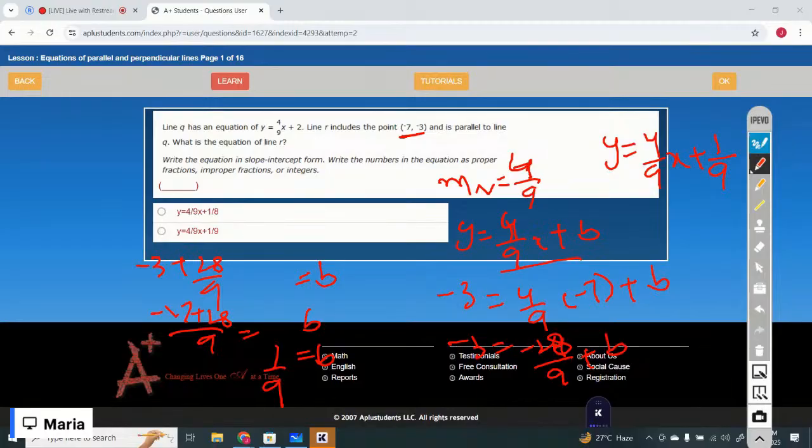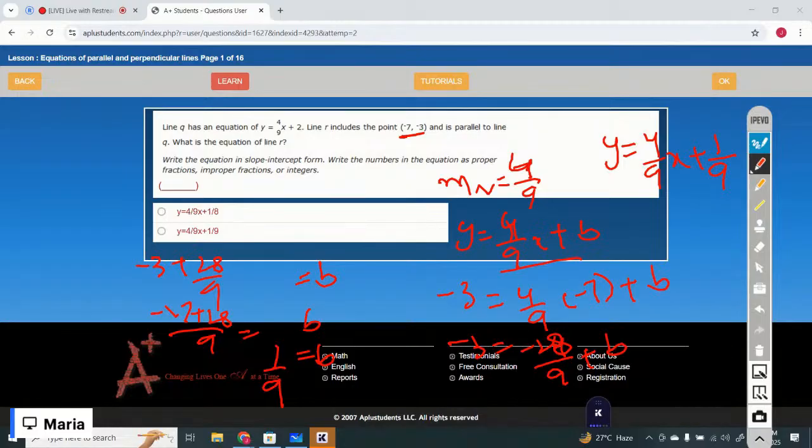That means option number 2 is the correct option. Basically, what you have to do: the lines are parallel, right? So that means their slope is exactly the same. So you need to use the given point in the question, and just use the point to find the value of b.